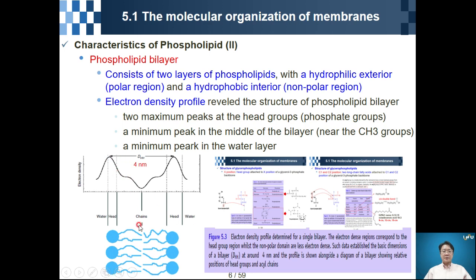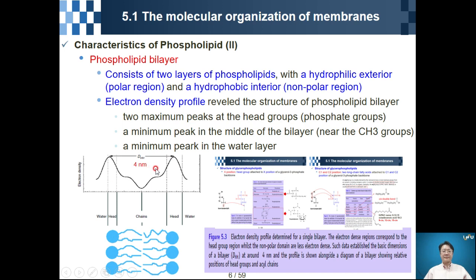Because the tail has the acyl chain with the CH3 group, it shows that minimum peak in the middle of the bilayer, and also a minimum peak in the water layer. Also, DHH means the basic dimension of the bilayer; DHH is about 4 nanometers.